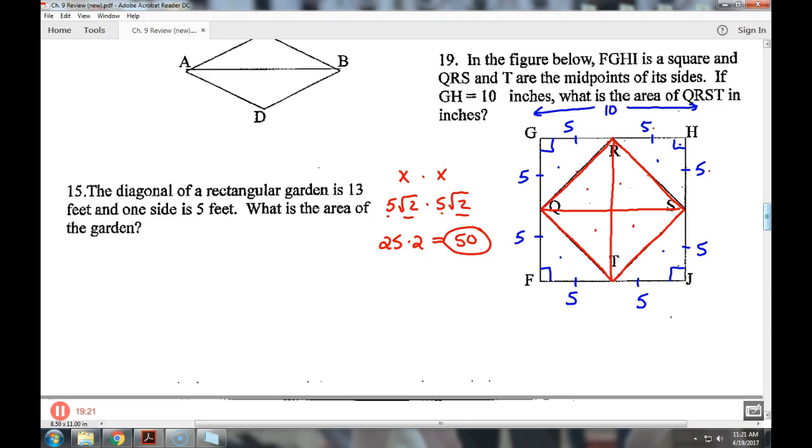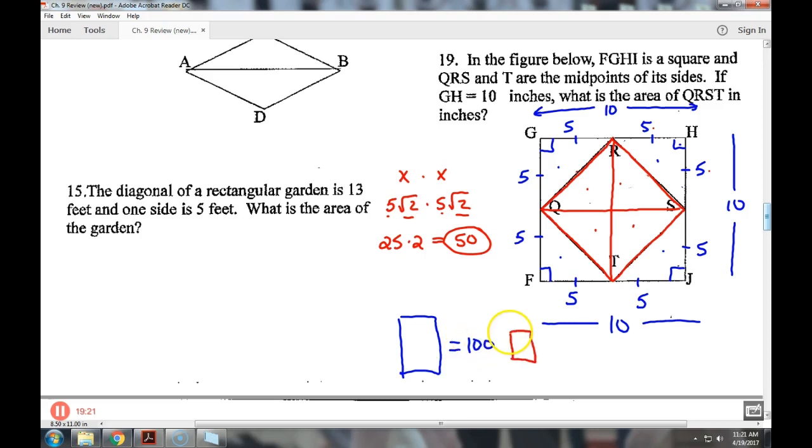So I'm going to argue that those 4 triangles should be half of the entire square. If you look at this whole square, it's just a 10 by 10 square. So the big square is 100, which would mean the little square inside of it is going to be 50, because it is exactly half of that picture. 4 triangles inside, 4 triangles outside.